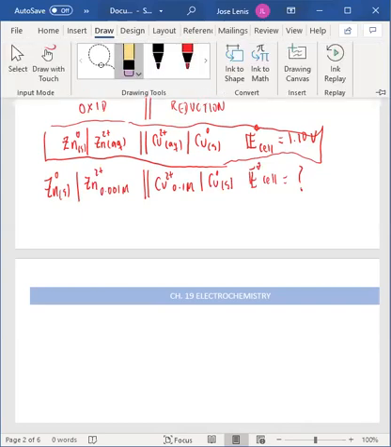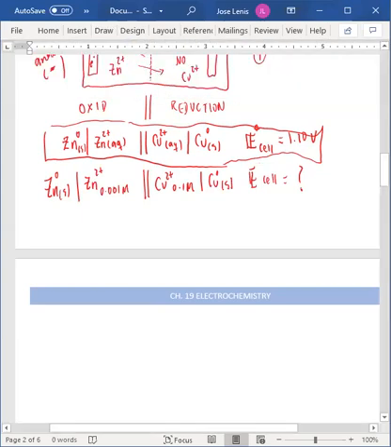I have to go back and delete that word standard there. Sorry. It's not standard. We are using different concentrations. This is standard because we use 1 molar and 1 molar. We use 1 atmosphere pressure, and we use standard temperature. If you change the concentration, now it's not going to be standard.